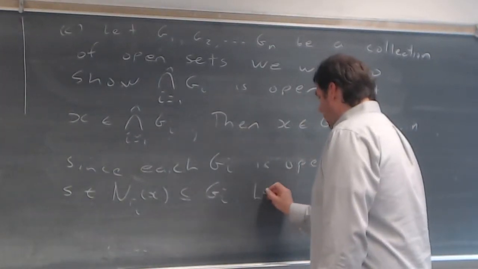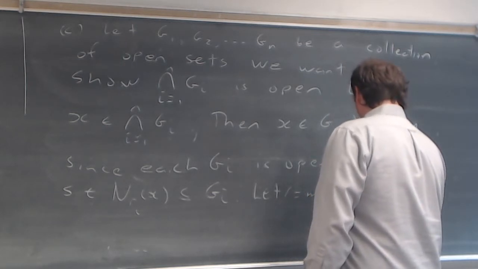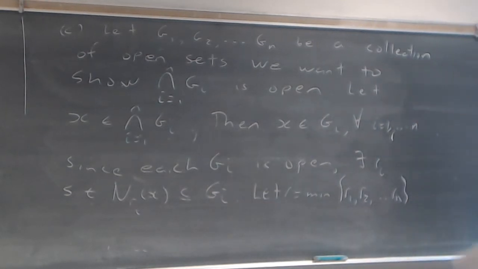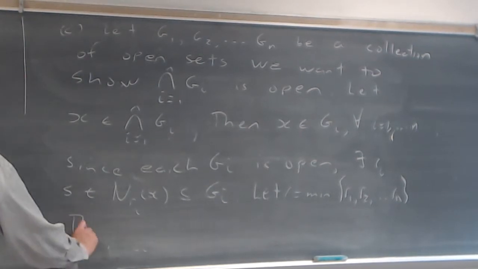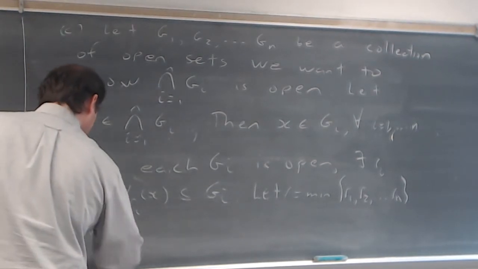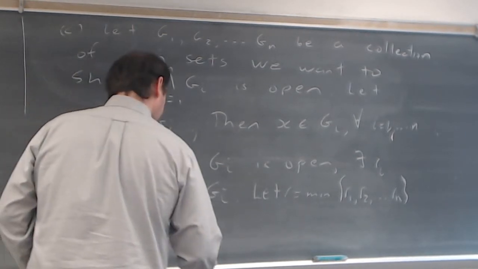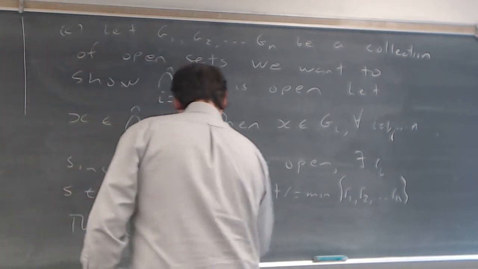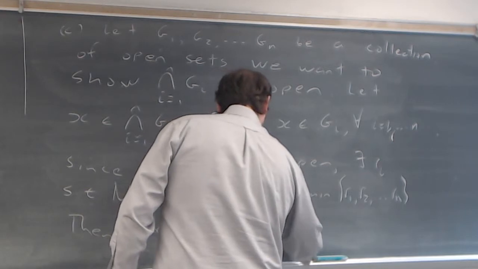Now, what we're going to do is let R equal the minimum of R sub 1, R sub 2, all the way up to R sub n. So the minimum of these radius values. Then the neighborhood centered at X with radius R is going to be contained in G sub I for all I equals 1, 2, all the way up to n.